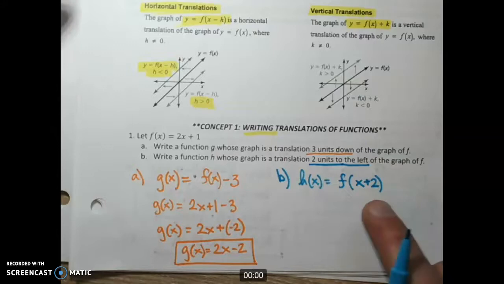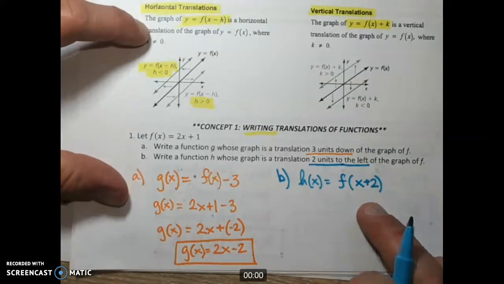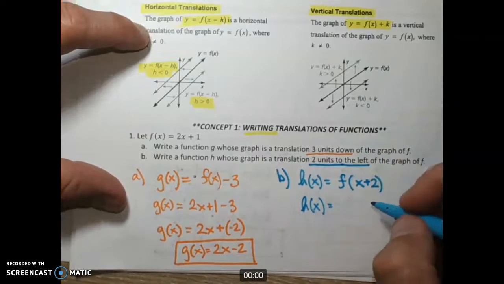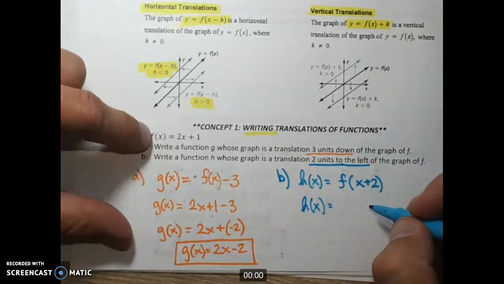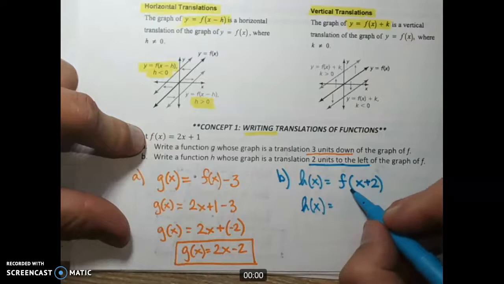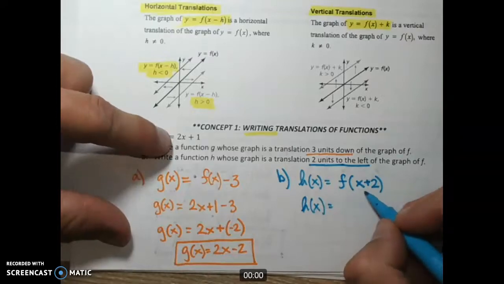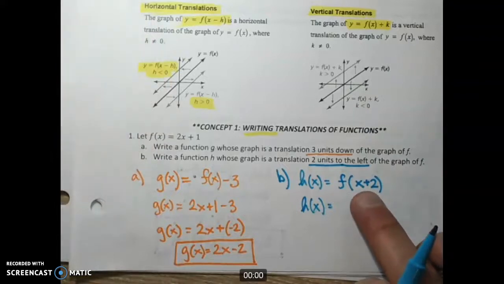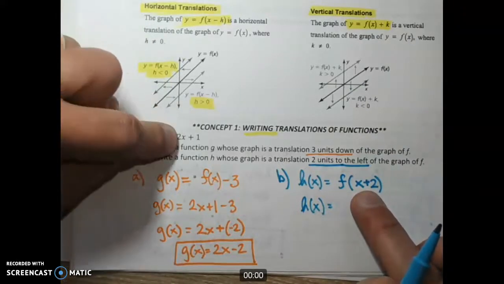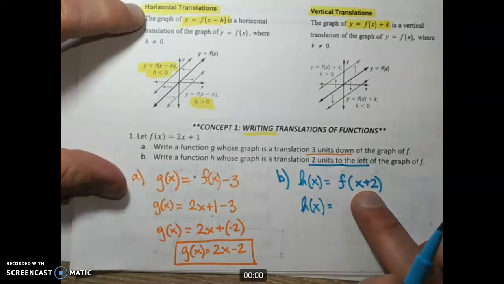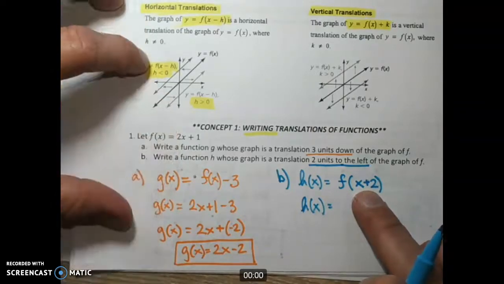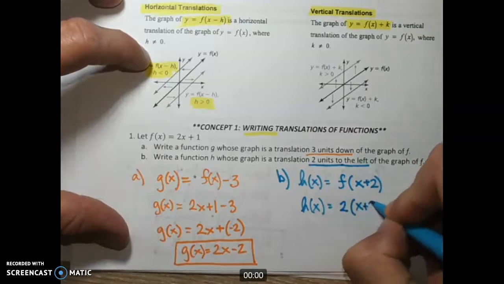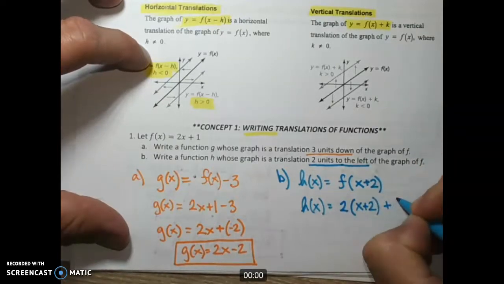Now what I'm going to do is continue to write h of x. And that equals what? Well, I'm going to substitute x plus 2 in for x in f of x. So watch carefully. Basically, all I'm doing is replacing the x with the x plus 2. So I get 2 times the quantity x plus 2, plus 1.